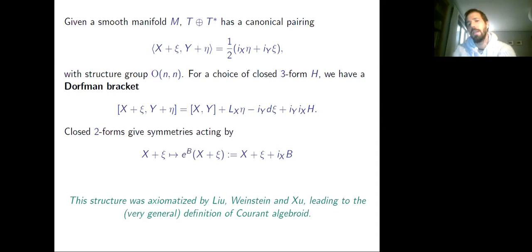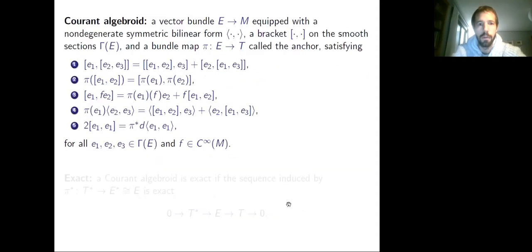And then this simple structure was axiomatized by Liu, Weinstein, and Xu, leading to the very general definition of a Courant algebroid that I'm going to introduce in the next slide. So let me go for that. So a Courant algebroid, as I said, is just an abstract version of what I introduced before.